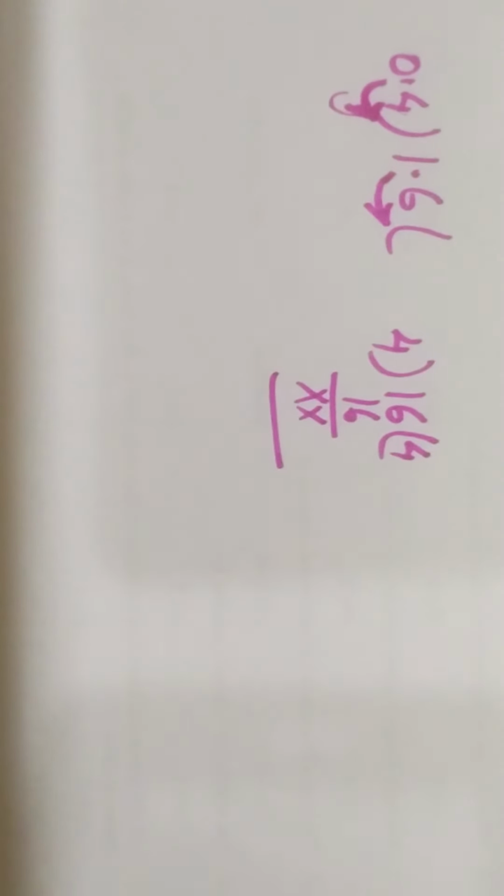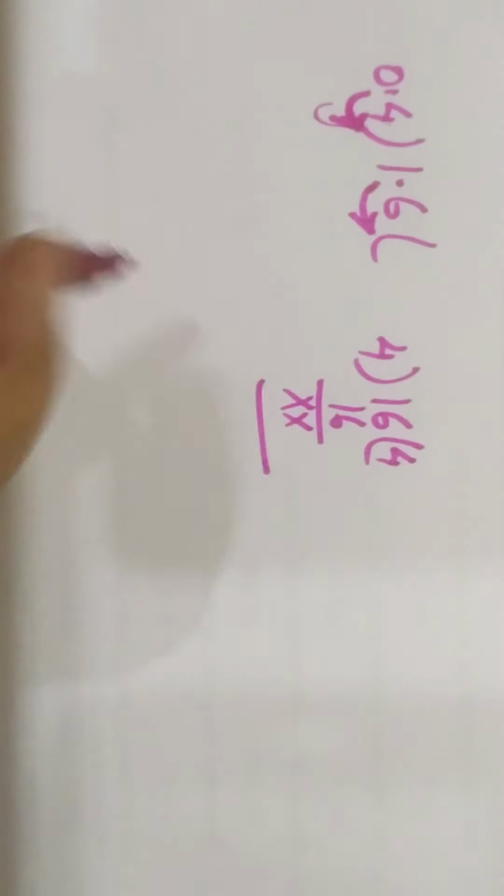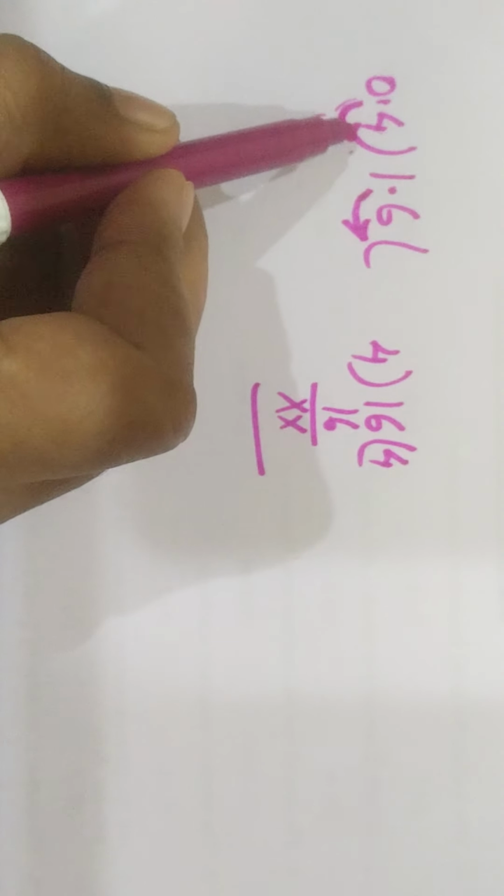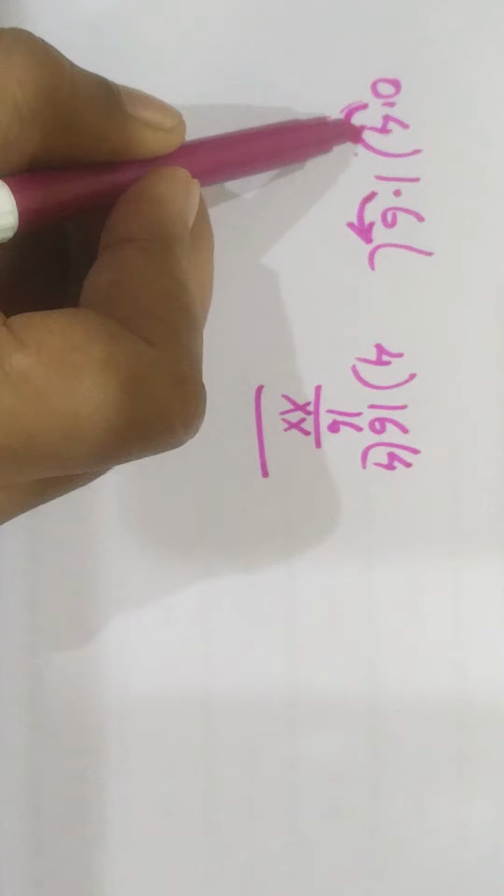Now we can divide it as a simple decimal number. So this is the second rule of dividing, that is sliding the decimal as many places as in the divisor.